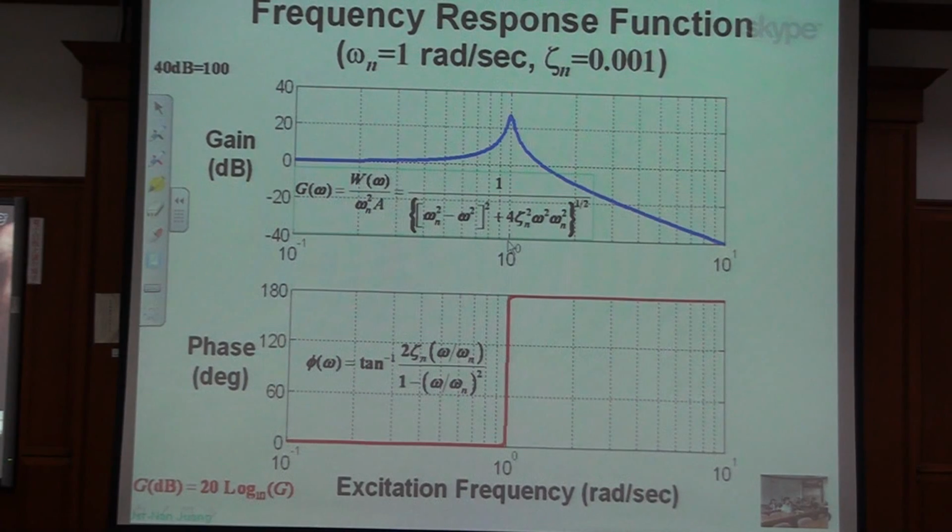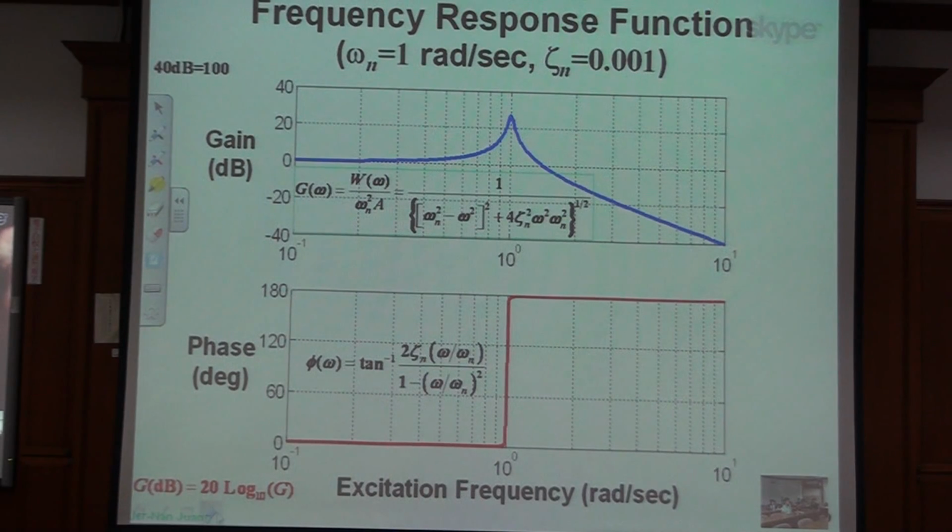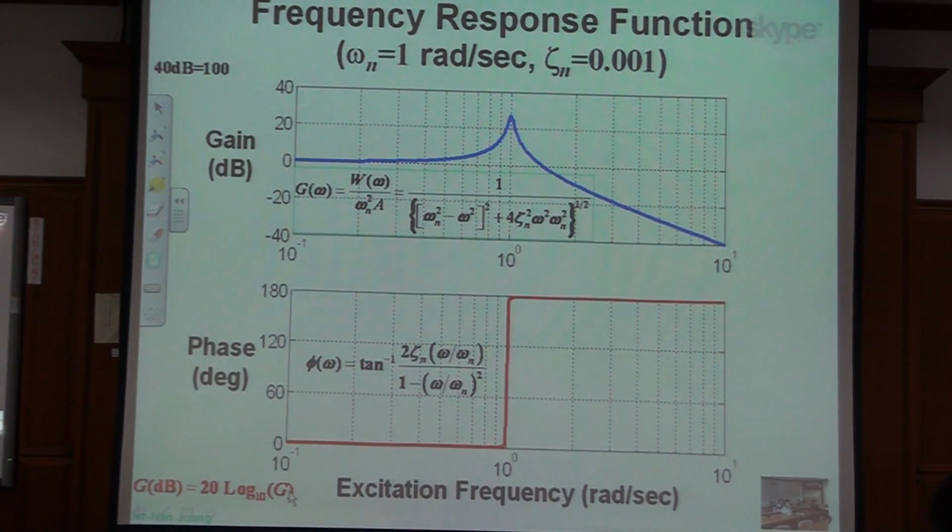If my input frequency comes to 1 meter per second, that's 10 to 0. This is all by log, so the gain here is 20 log of n over g. Normally we plot by log and also plot this curve this way, just to get dB.